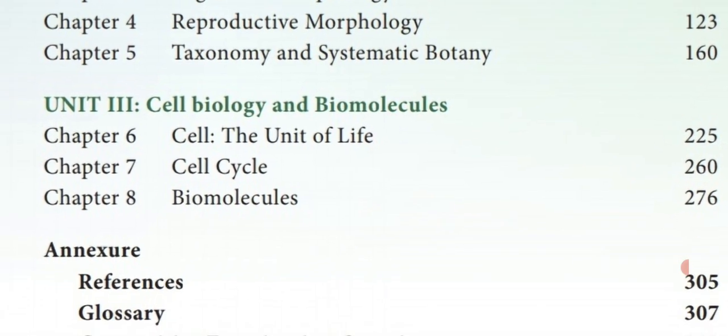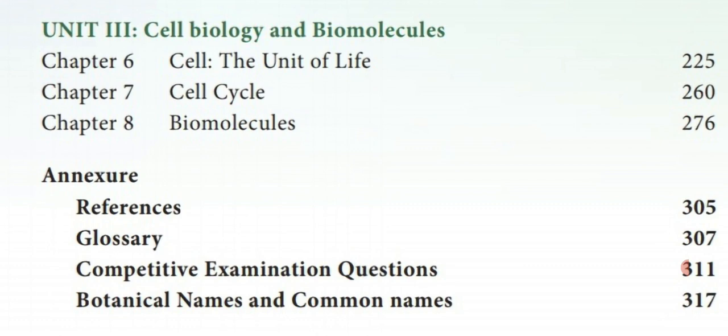Then the third unit is cell biology and biomolecules. Here, 3 chapters are there. First one, the structure of a cell. The cell is a structural and functional unit of a living organism.